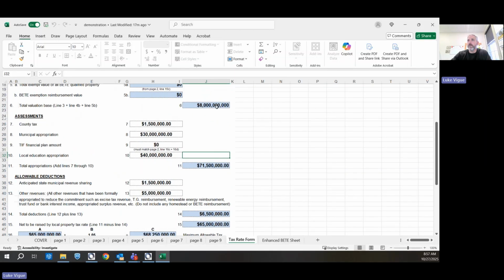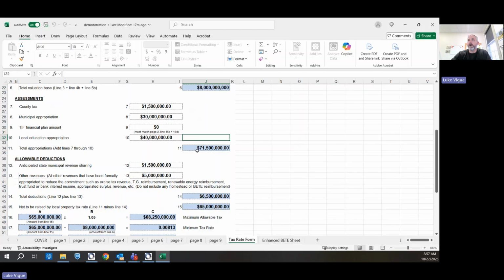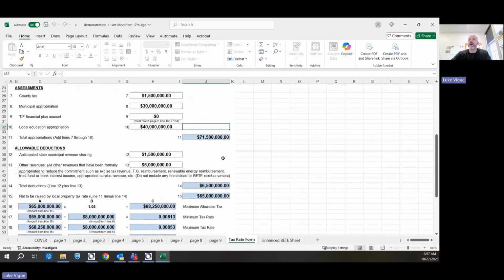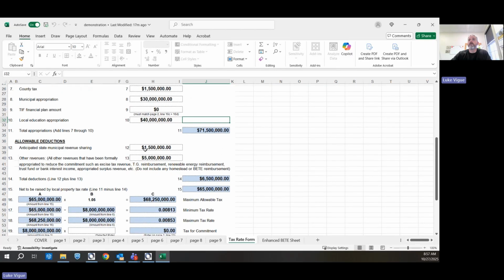So you've got a value of 8 billion, you've got an amount to be raised of 71,500,000. You then have some other sources of revenue that we're going to subtract out of the amount that needs to be raised. You always have this municipal revenue sharing.